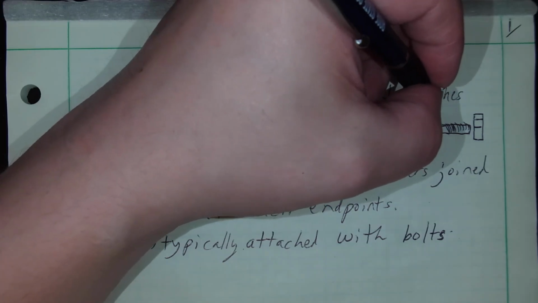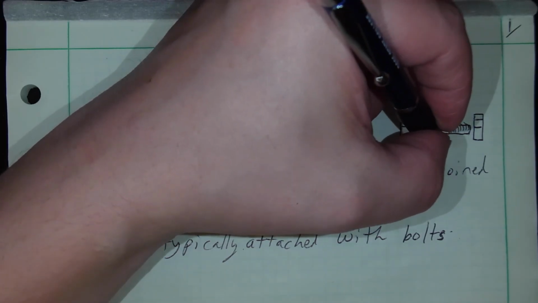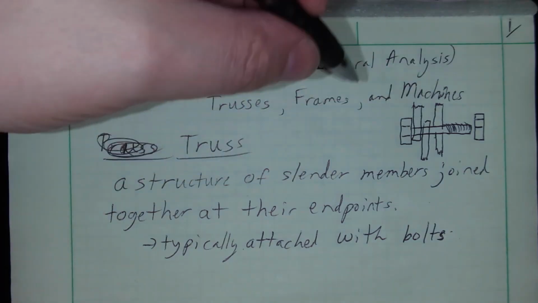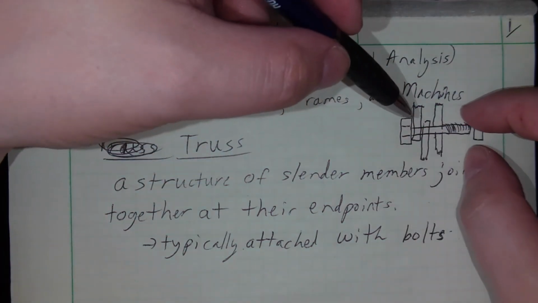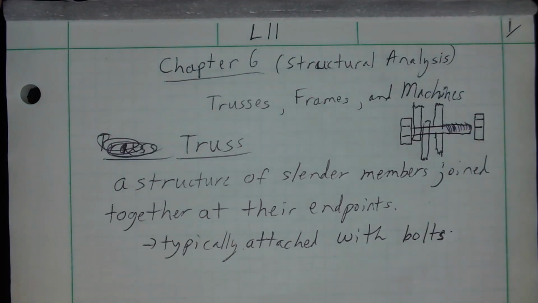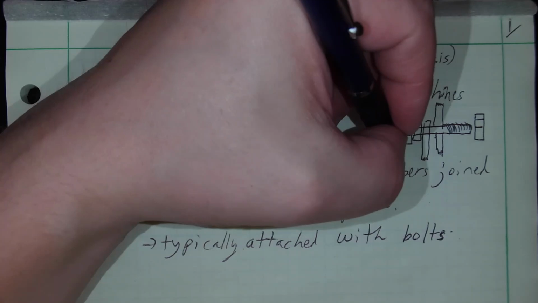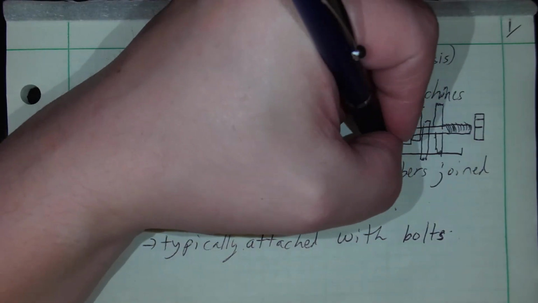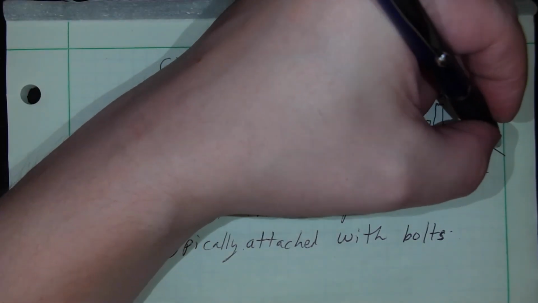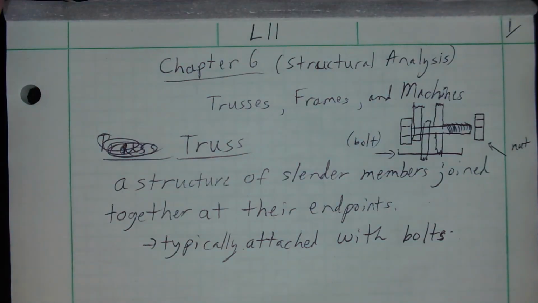I'm looking at the end, so to speak, of them. Multiple pieces are sandwiched together, and you put a nut on this and screw it all the way down to sandwich them together and join them all together. So typically attached with a bolt, and this would be a nut that I would use to tighten down the bolt, to hold these pieces all together.